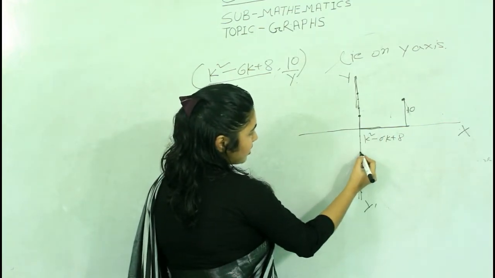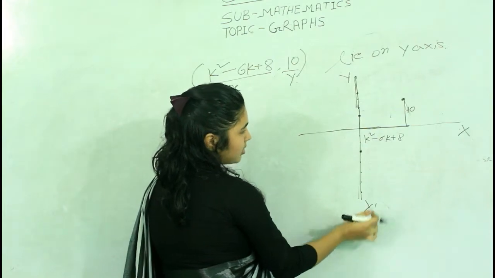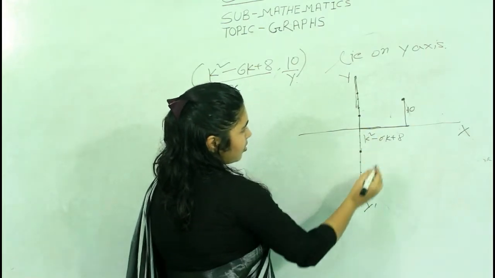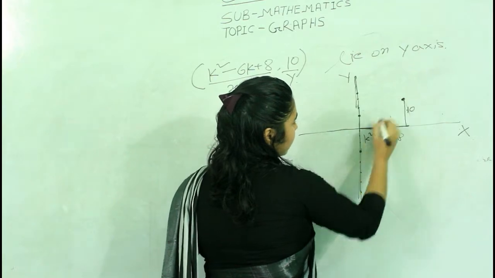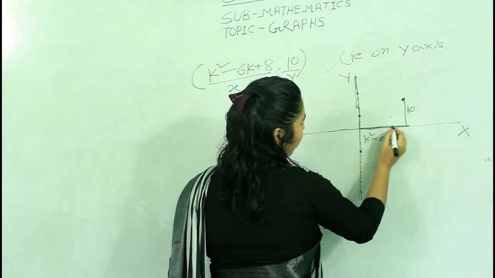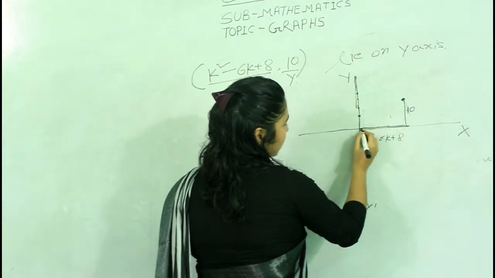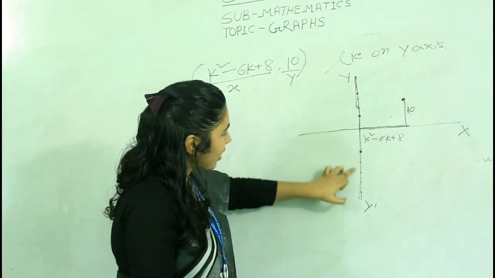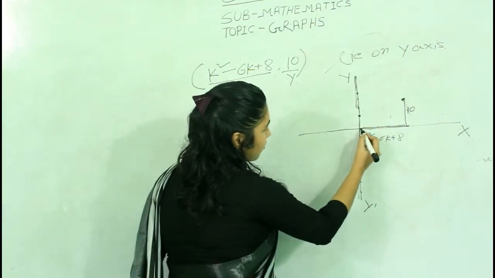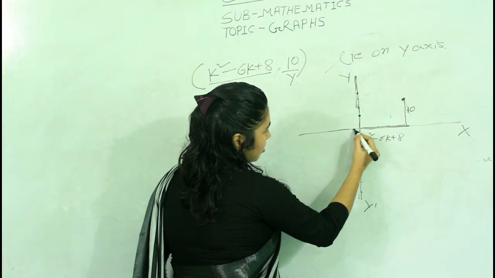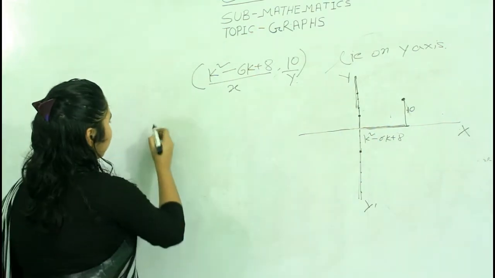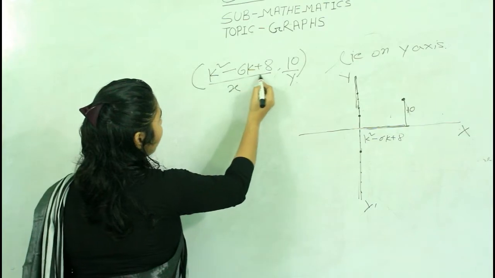If the point is in the lower half of the y-axis, then also the distance is 0. If the point is here, then this is the distance from the x-axis, right? But if the point is on the y-axis, then the distance from the x-axis is 0. So the coordinate of x is 0.